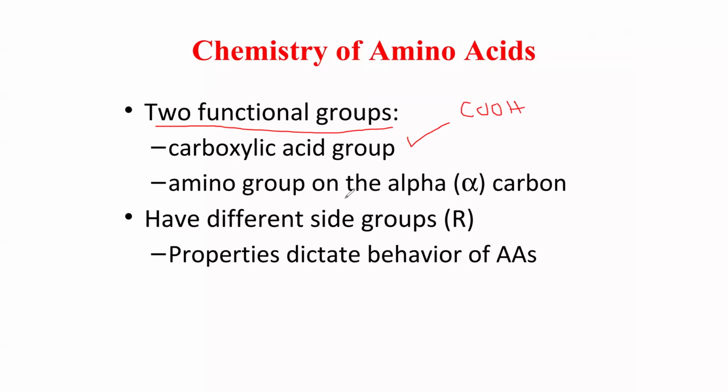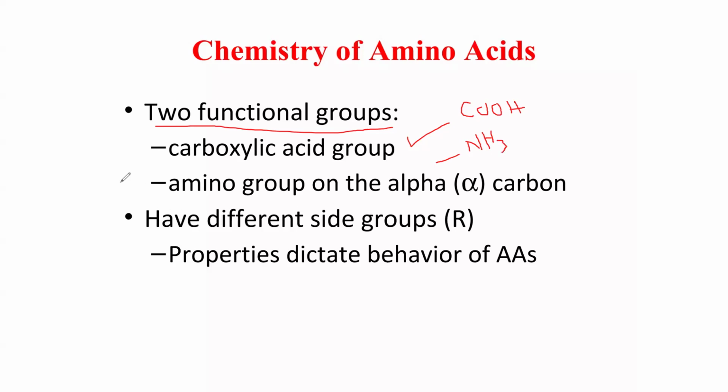The amino group is another functional group found in amino acids, and it is also present on the alpha carbon. The amino group is NH3.